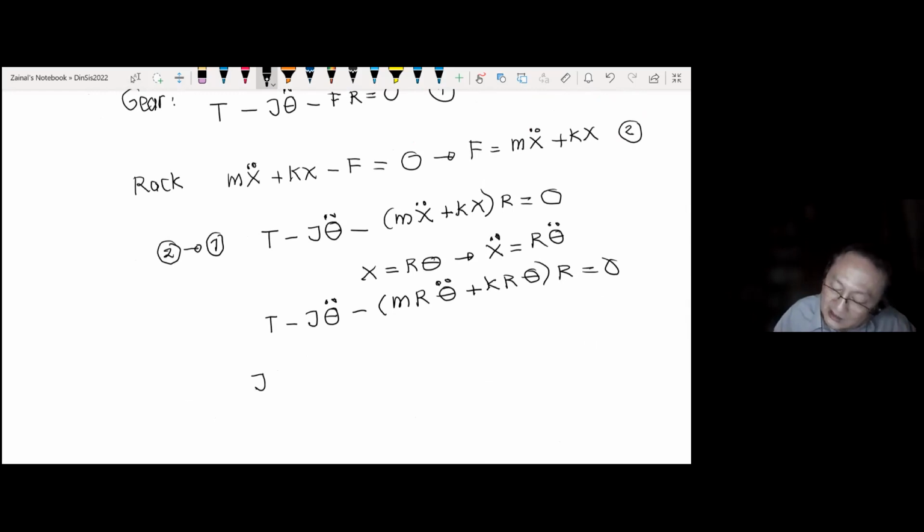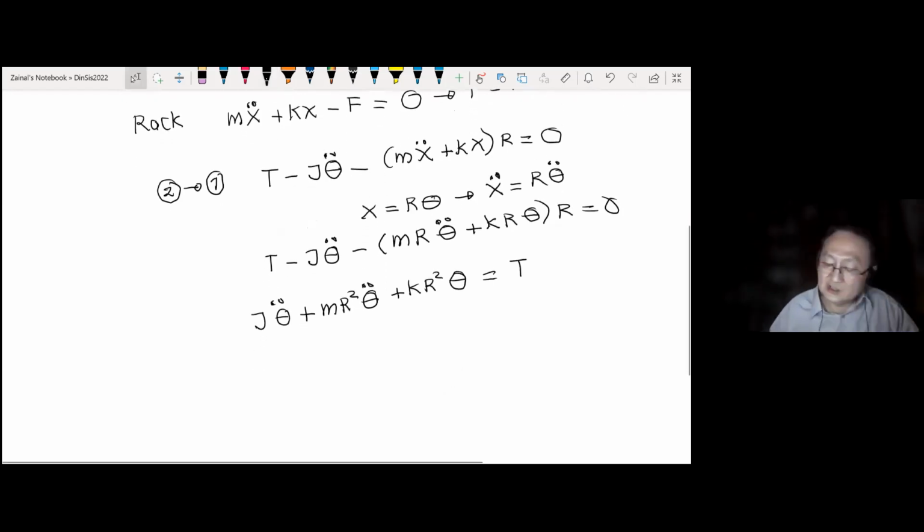So J theta double dot plus m r square theta double dot, plus k r square theta is equal to T.